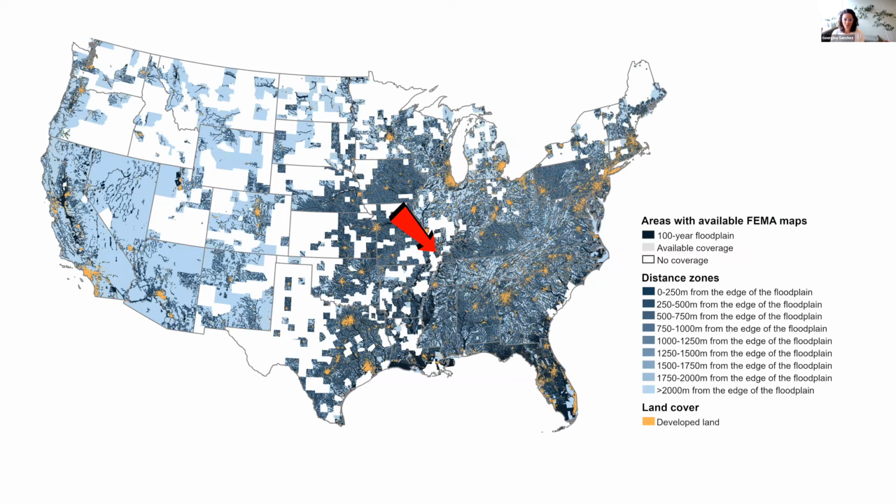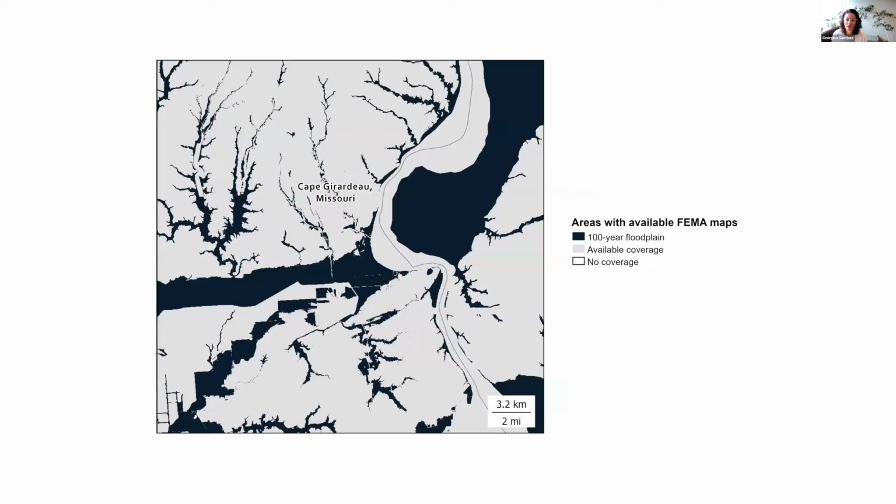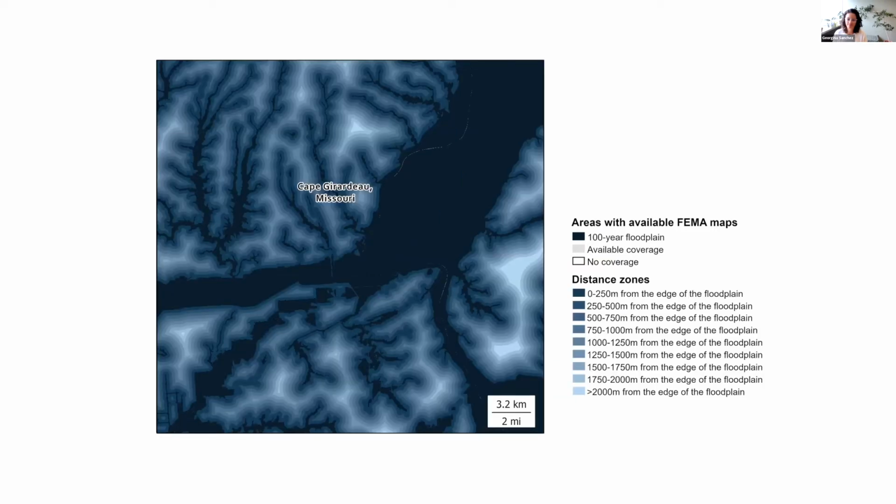Let's again take a closer look to better understand what is going on here. So this is right at the Missouri-Illinois border. Here we have Cape Girardeau. We see again the mapped 100-year floodplain in dark blue. And now we see the concentric distance zones.